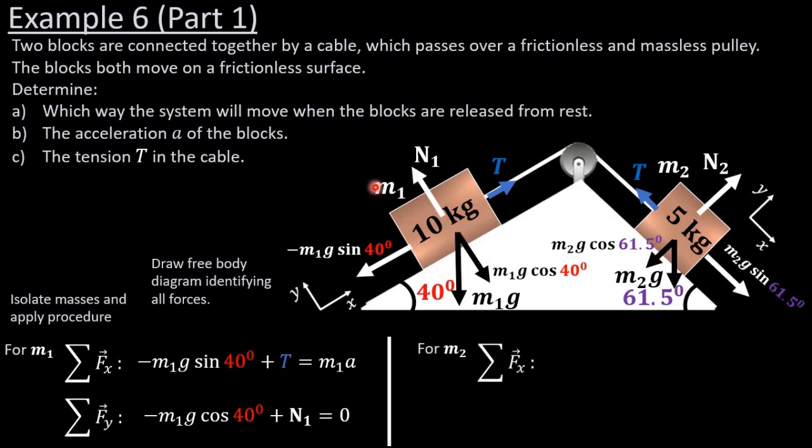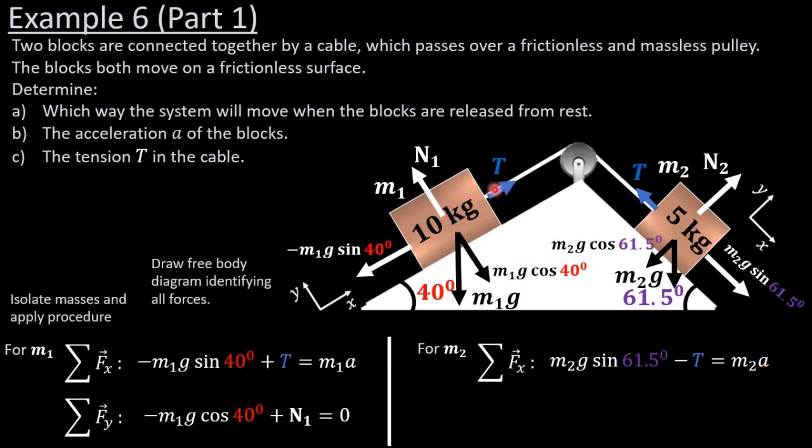And for mass 2, we have the sum of the forces in the x direction as m2 times g times sine 61.5 degrees minus T. This force here is positive, this force is negative because T is going in the negative x direction, equals m2 times a. And again, just in case you didn't notice, this a and this a are going to be the same.